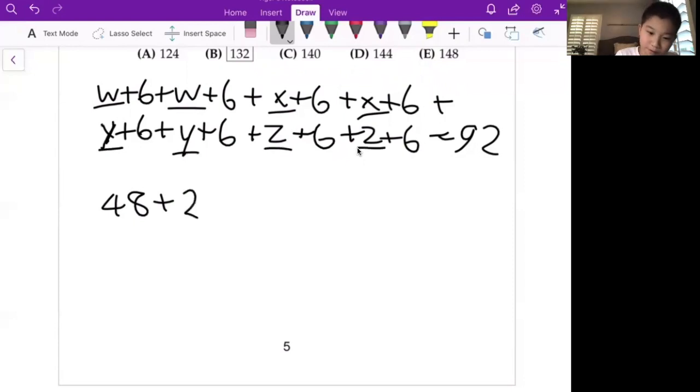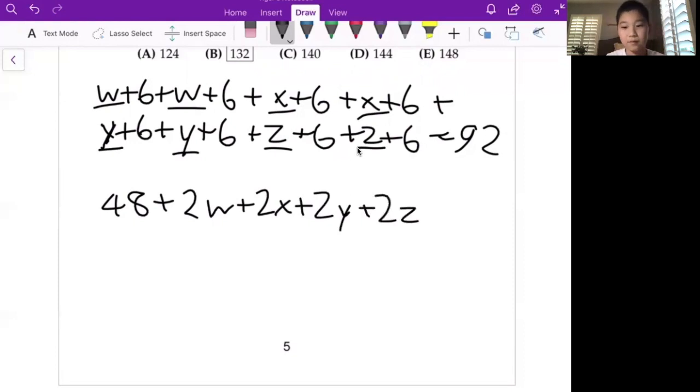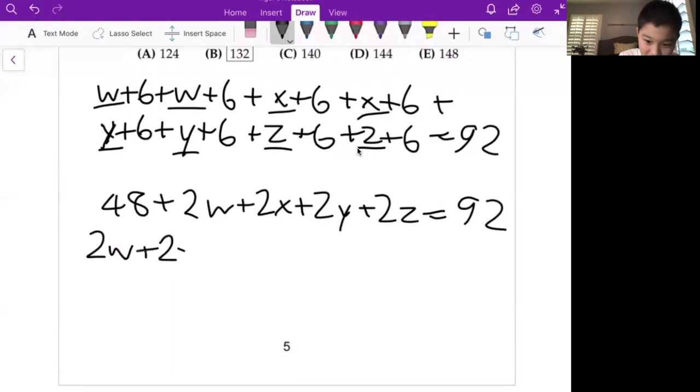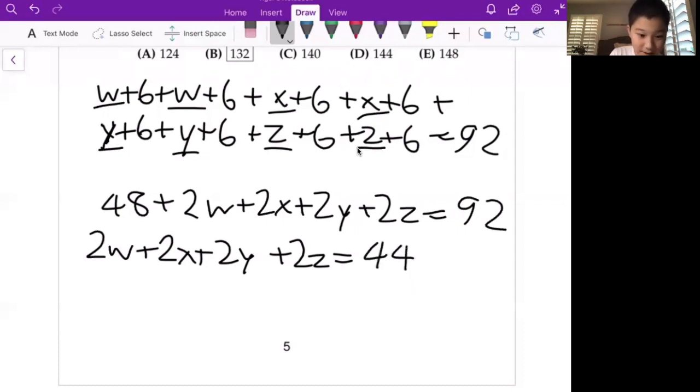So 2W plus 2X plus 2Y plus 2Z equals 92. So then 2W plus 2X plus 2Y plus 2Z is equal to 92 minus 48. That's 44. And then W plus X plus Y plus Z equals 22.